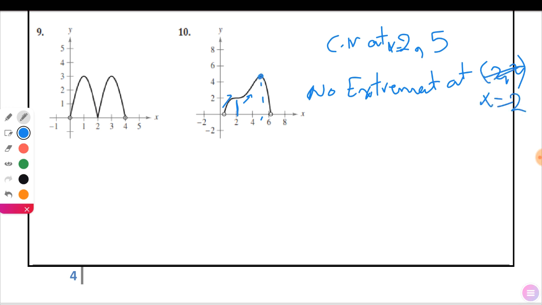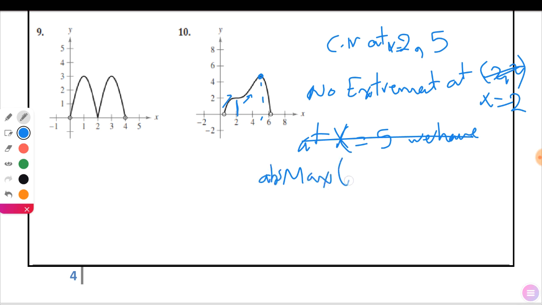Here it's so clear. At x equals 5, we have a maximum value, absolute maximum or relative maximum, at x equals 5.